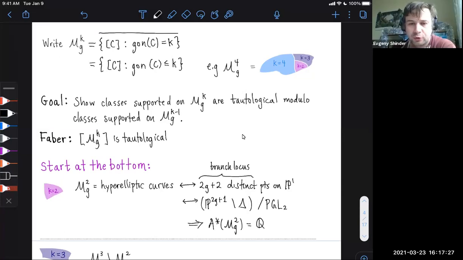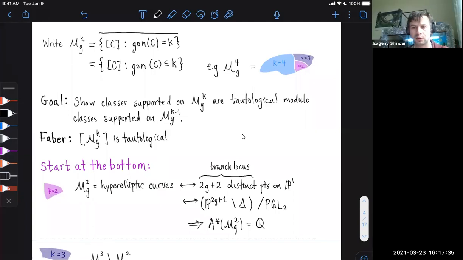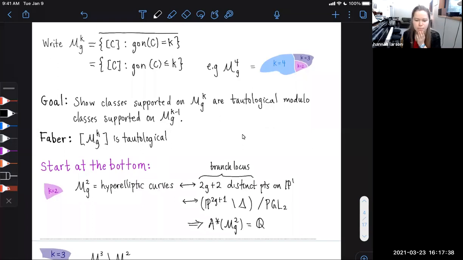Why is it 2g plus 1, not 2g plus 2 in projective space? So we're looking at, did I make an addition error here? Yes, sorry, that is correct. Thank you. Right, so we have this description of M_g^2, which is quite explicit as a quotient. And from it, we saw that there's only the fundamental class supported on this locus.